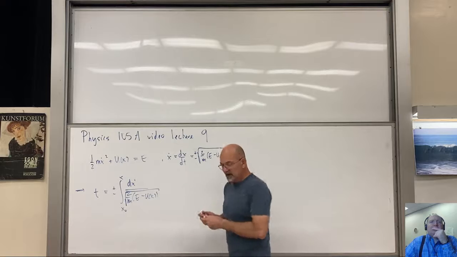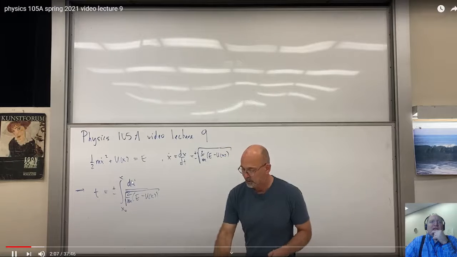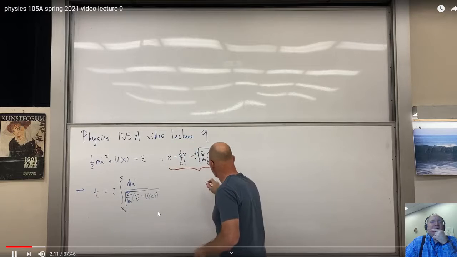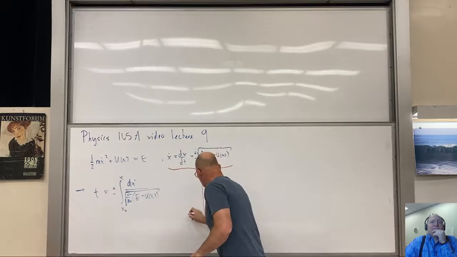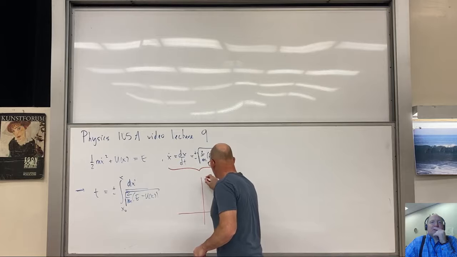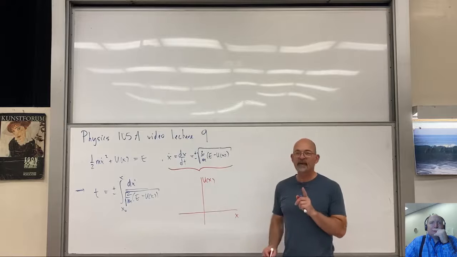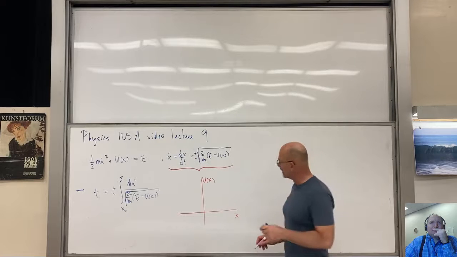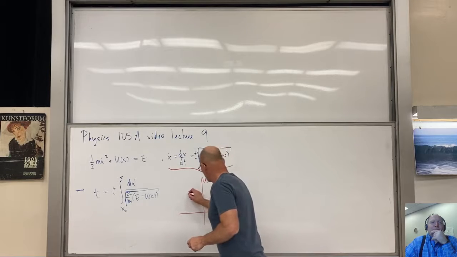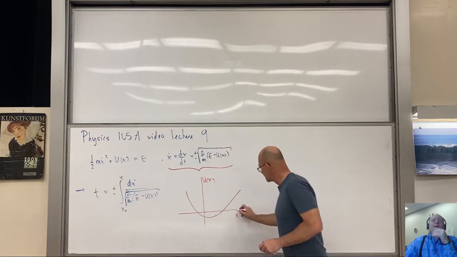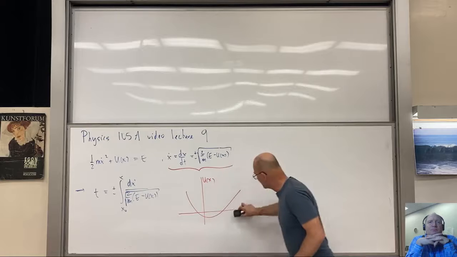So right under here, the turning points, of course, are critical for the integral. Right under here we can imagine that we have a U of x, function of x. And this time I'm going to draw a non-symmetrical one, like that. Okay. Awesome. X go out here a little further.